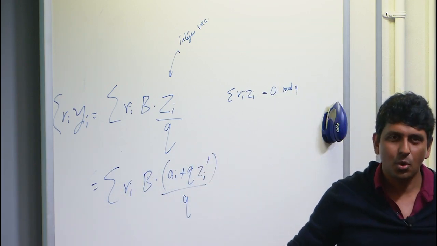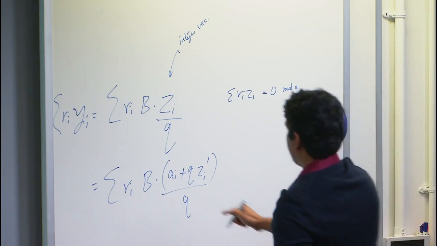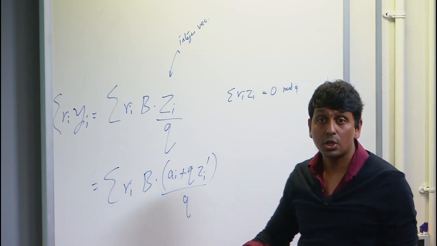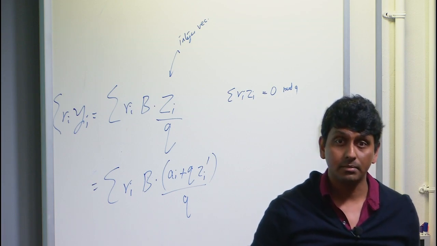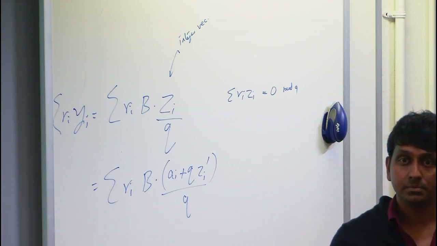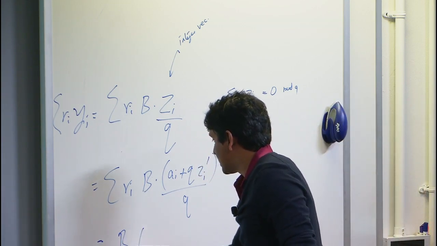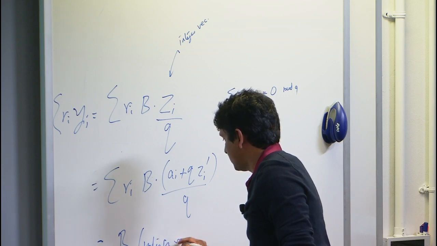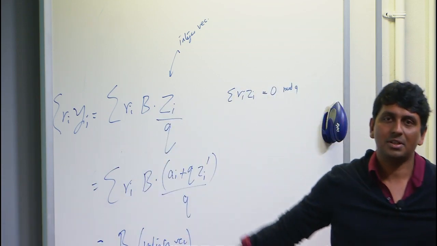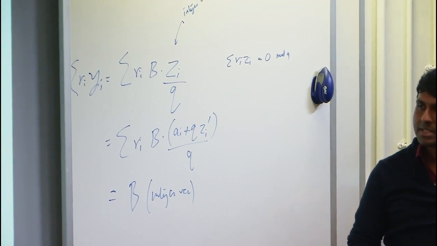It really is of no concern to me. The sum of Ri Ai over Q, that's what you just solved for me. That is an integer vector. So put together, this is B times some integer vector, which is a lattice point. Does that make sense?